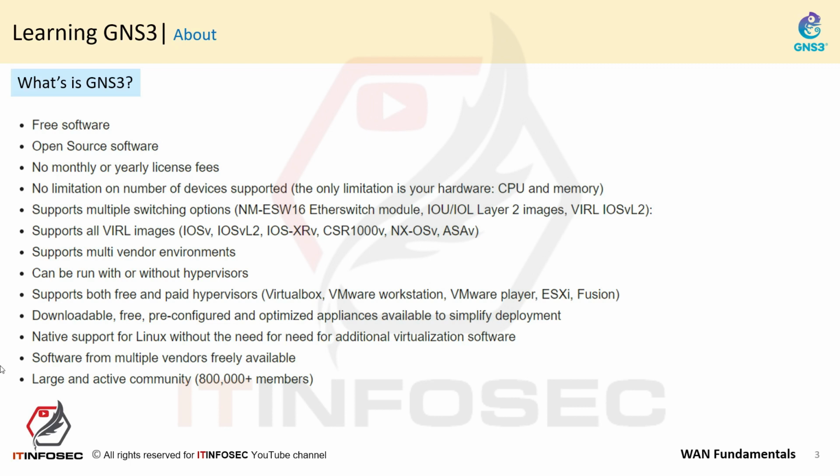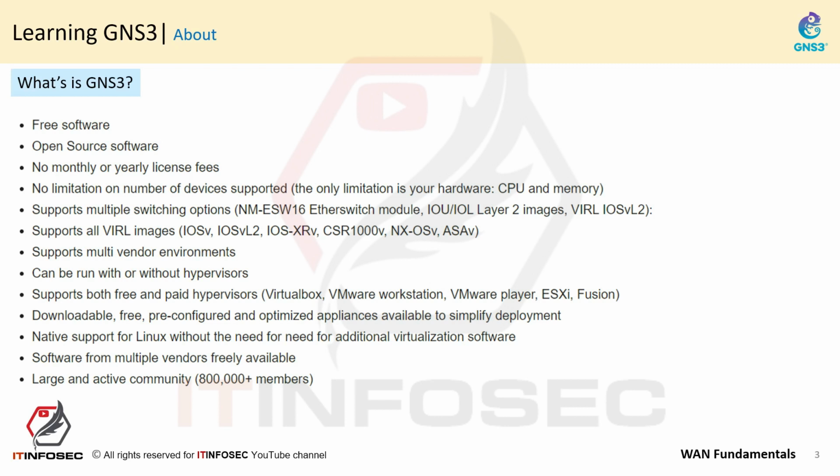Another advantage of GNS3 is that it supports multi-vendor environments. You can simulate Cisco devices, Juniper, and many devices, not just routing and switching, for example Cisco ASA firewalls and so on. Many vendors such as MikroTik are supported in GNS3. It can be run with or without hypervisors.